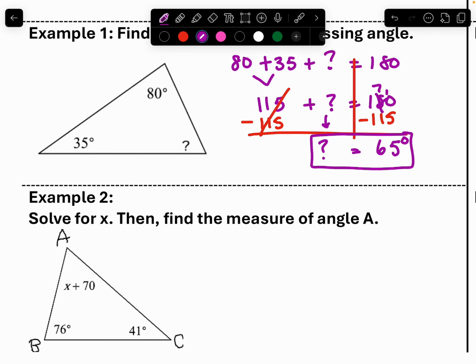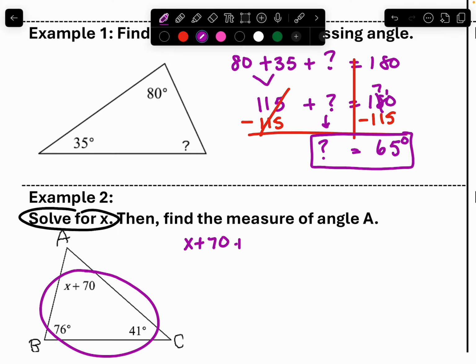Solve for x, then find the measure of angle A. So for this one, you guys are just solving for x. So how do we do that? We just add all these up since they're all interior angles. So that's x plus 70 plus 41 plus 76 equals 180.